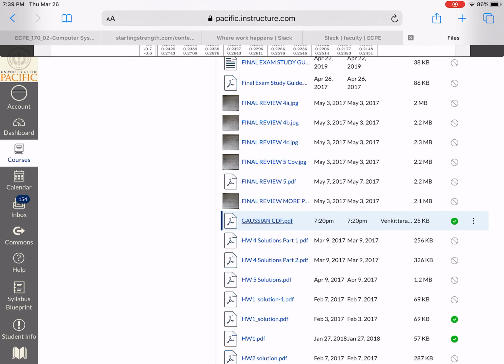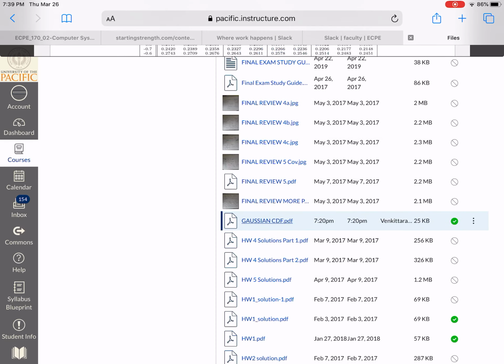So what I did was I first arrived at the row 0.1 and then I moved towards the right until I arrived at the column for 0.05, and the value that I see there is 0.5596. So that's the probability of Z less than 0.15, which is 0.5596.